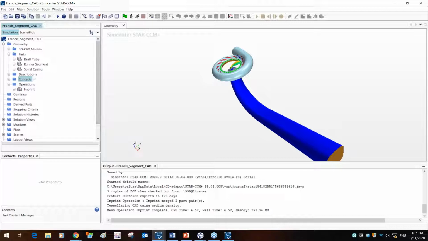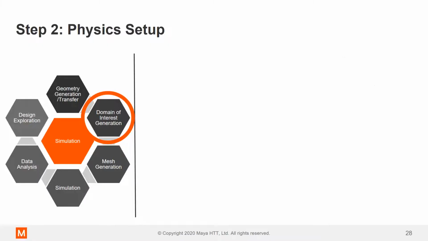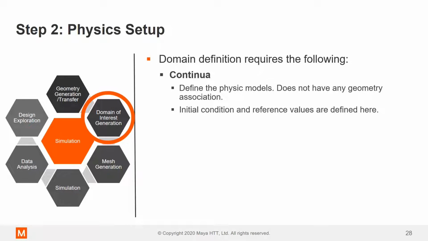Now that we've completed the geometry portion of the section, the next thing would be setting up the physics, that is understanding the model and setting up the boundary conditions associated with it. So I'd like to introduce you to two concepts over here. The first thing is continuum.